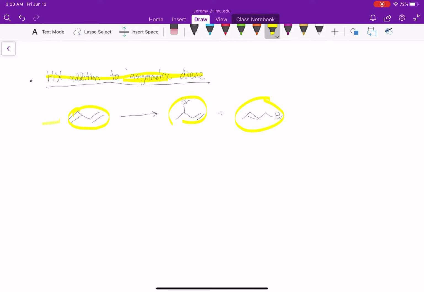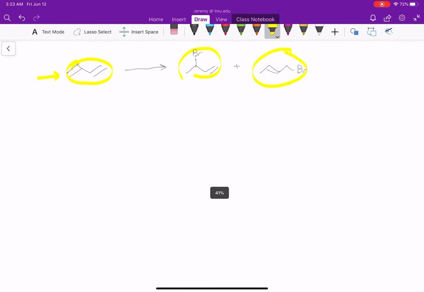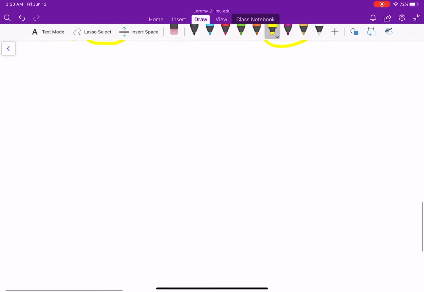But in that reaction, we started with a symmetric diene. Well, what happens if we start with a diene that is not symmetric, something that's asymmetric? All right, so I'm going to draw an asymmetric diene here. The molecule is not symmetric, and we're going to ask two questions.